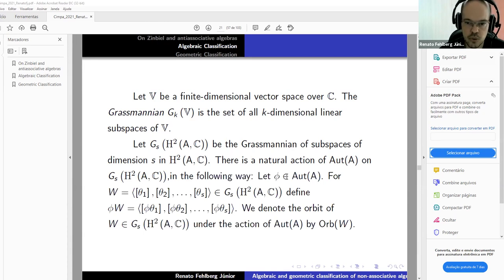And here we just take an automorphism phi. We can write an element of the Grassmannian in this way. So the action is just to consider phi applied to each of these elements and take the class of them.